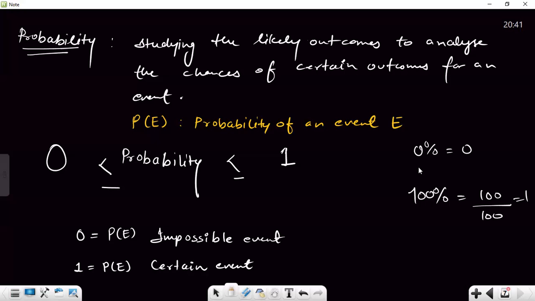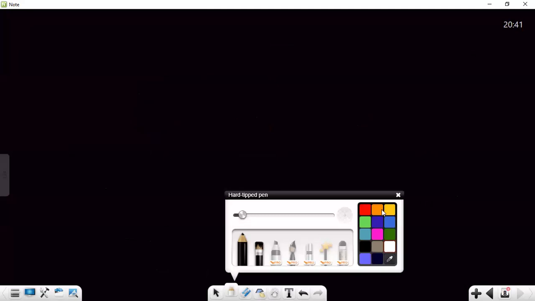Better. So now we are going to discuss how exactly we can find out probability, like this 0 or 1. The probability of any event is the ratio of the number of favorable cases that we want to happen to the total number of cases.